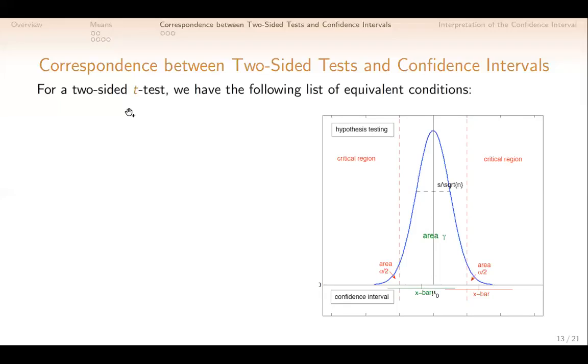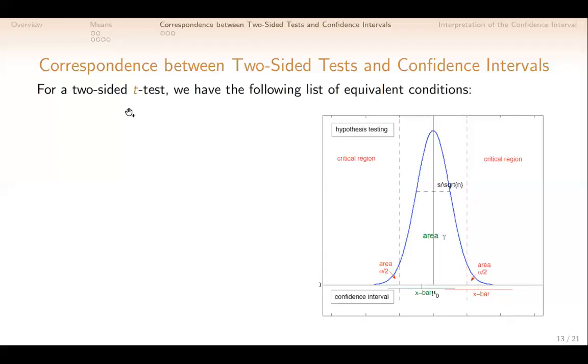On the other hand, if x bar is close to mu naught, then I create an interval that has the same area above and below that's equal to the margin of error. And so if x bar is in the region where I fail to reject, then my confidence interval does include mu naught.